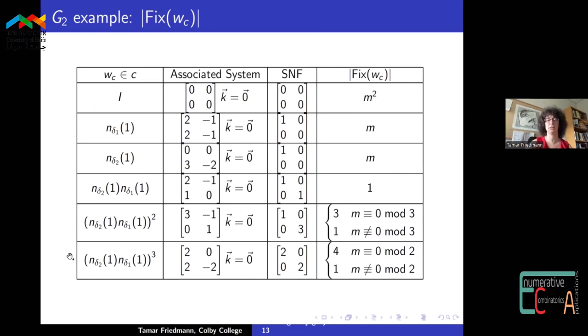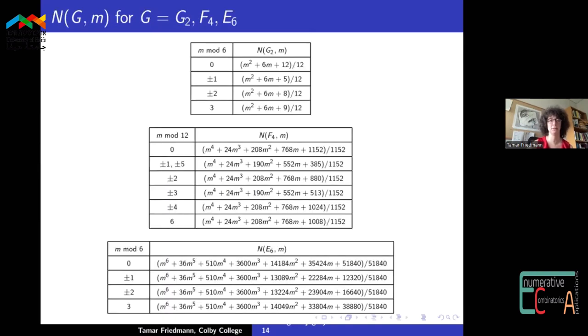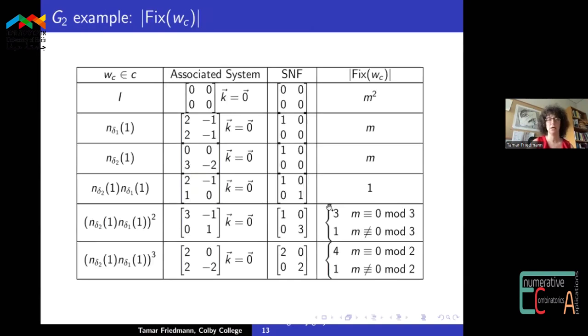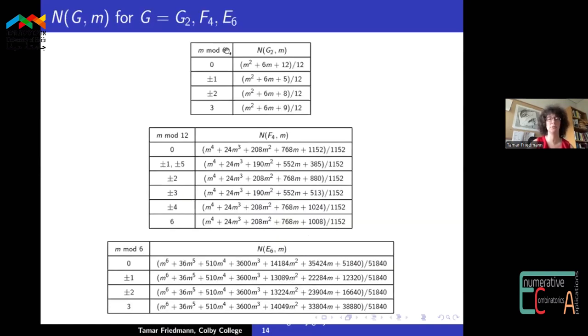And we plug this into our original counting theorem and obtain some tables. So for G2, the table depends on M mod 6 because, let me go back for a second. Here you see the elementary divisors in the Smith normal form. Here we have 1 and 3. Here we've got 2. The least common multiple of those is what's going to appear up here.